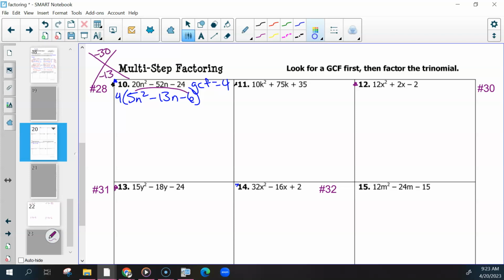And we're looking for two numbers that multiply to be negative 30, but add to be negative 13. If we're multiplying to be a negative 30, one of them has to be negative. Would that work? No. There we go.